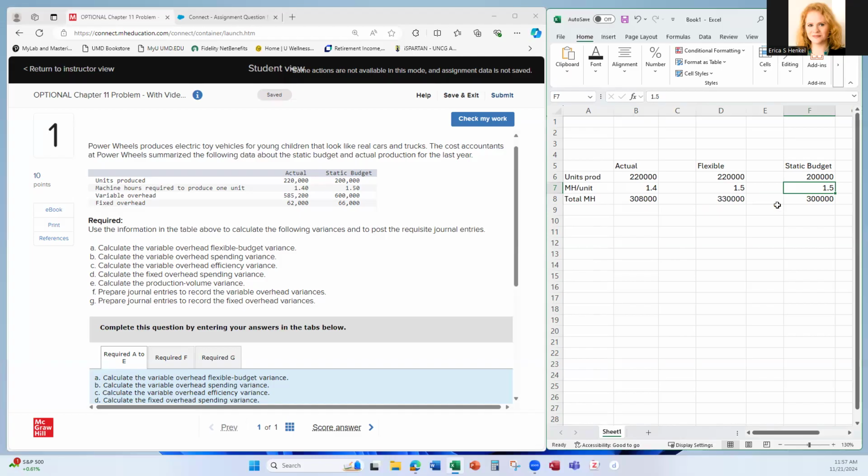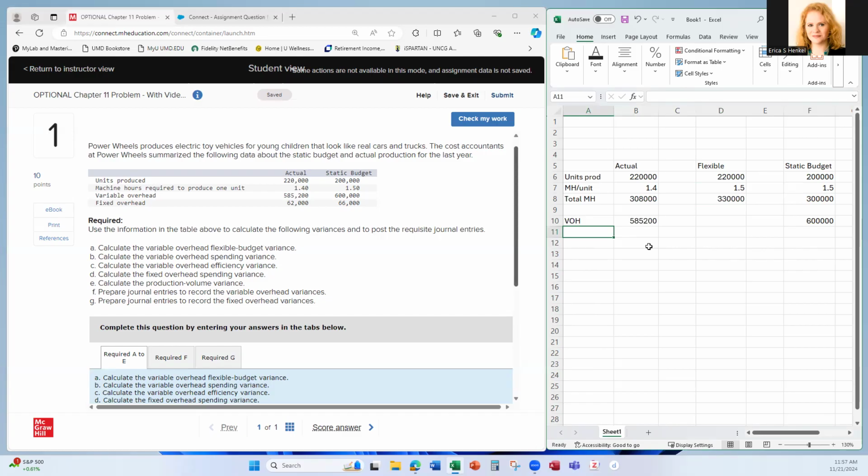So now here we've got variable overhead. Let's look at this. I'm just going to put VOH. All right. So our variable overhead total here was 585,200, and over here was 600,000. Okay. So we've got that.